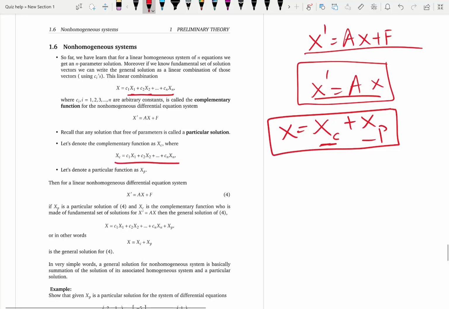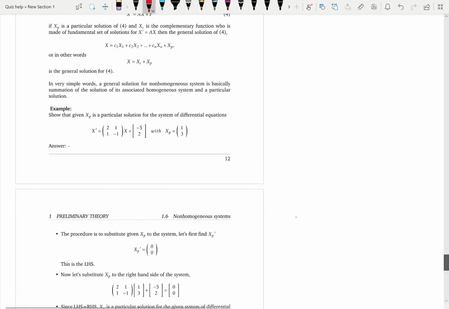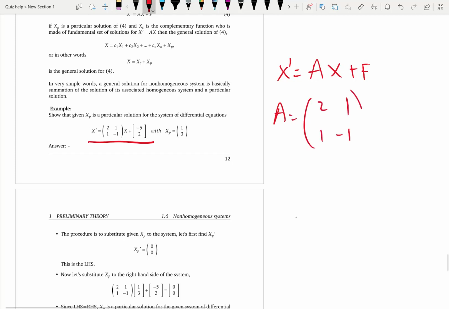Okay, all right, so let's look at an example quickly. We have a non-homogeneous differential equation here. x prime is equal to Ax plus f, where A is [2, 1; 1, -1], and f, the non-homogeneity, is [-5; 2].